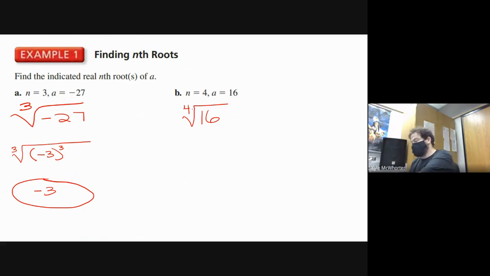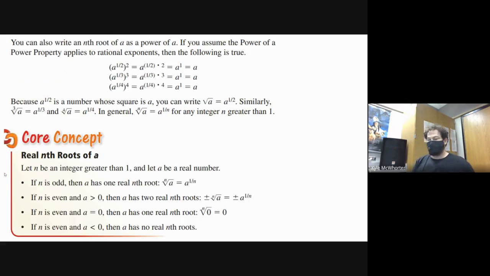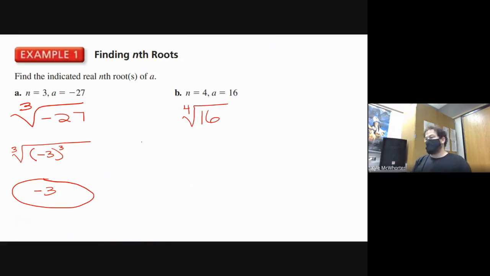And we have to remember that when you're doing an even root, if n is even and you're doing it to a positive number, then you get 2 real nth roots, a positive one and a negative one. So the 4th root of 16, is there a number that if you raise it to the 4th power, you get 16?